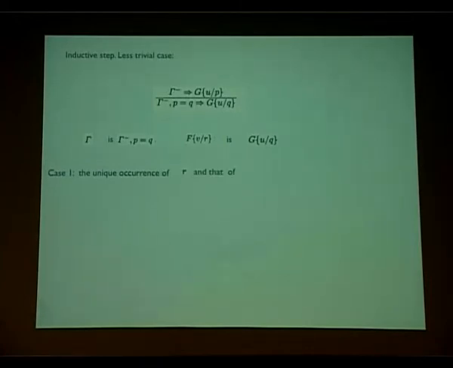And then you have to distinguish three cases. The first one is the one in which R and Q do not overlap. You can see G of UQ as f of VR, but Q and R do not overlap. Then the situation has this form, G of UP is this other form, G of UQ is this other form.